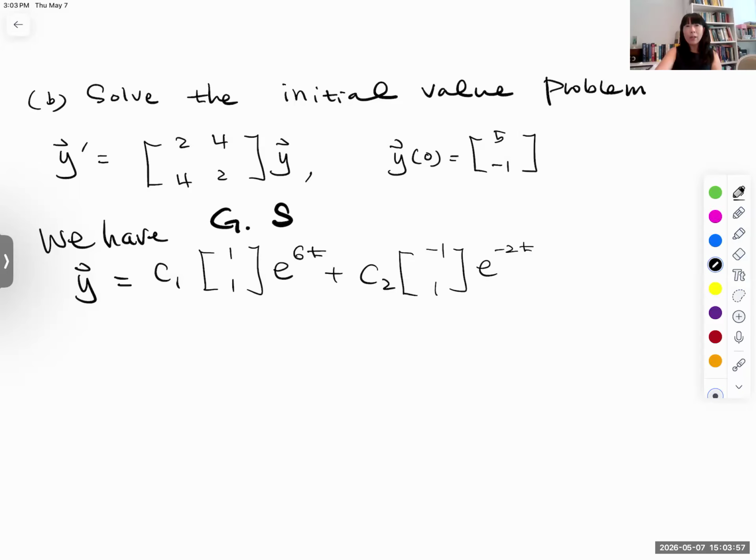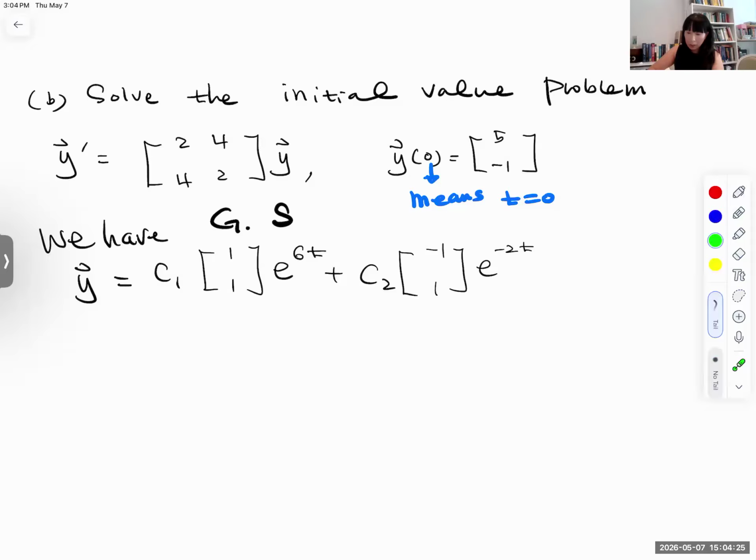Okay, so we have the initial value, and we are using that, right? That means when t equals 0, then we get the matrix 5 and -1.